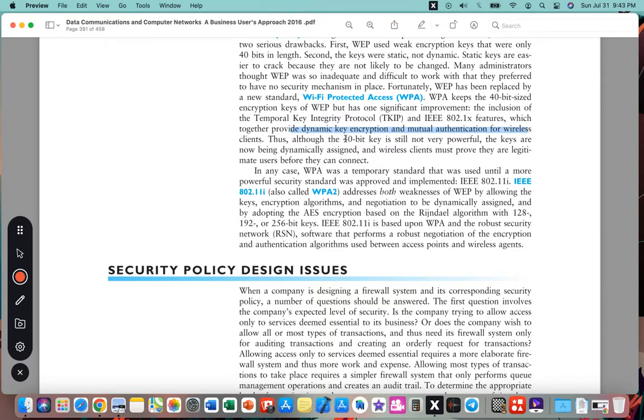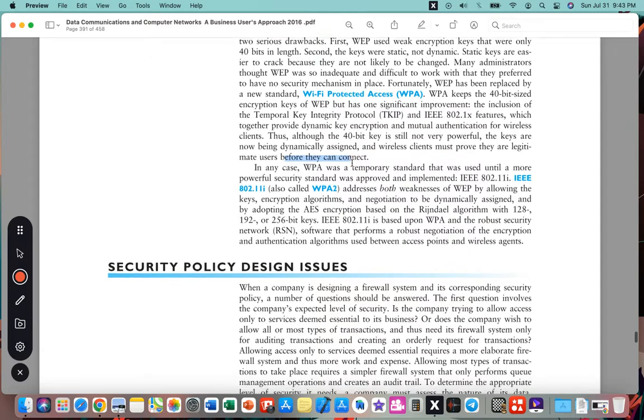Thus, although the 40-bit key is still not very powerful, the keys are now dynamically assigned, and the wireless client must prove they are legitimate users before they can connect.